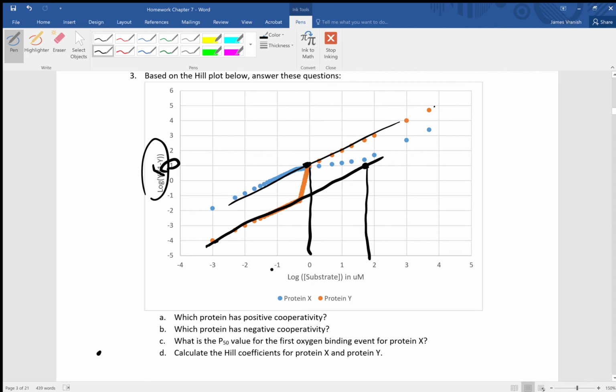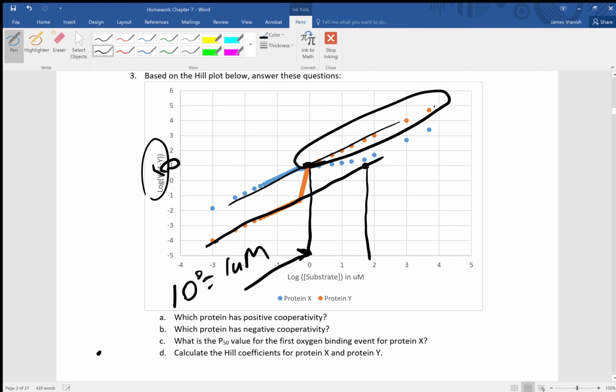We end up right here with an x value of 0, and we take 10 to that power, so 10 to the 0th power is 1, so 1 micromolar. Or sorry, this is not the first binding event, because it corresponds to this portion of the curve, which is the last binding event. So the last binding event has an affinity of 1 micromolar.